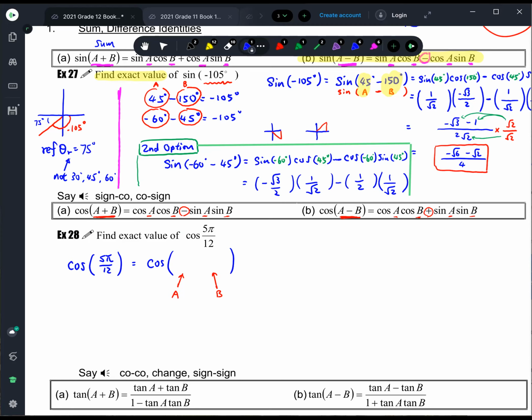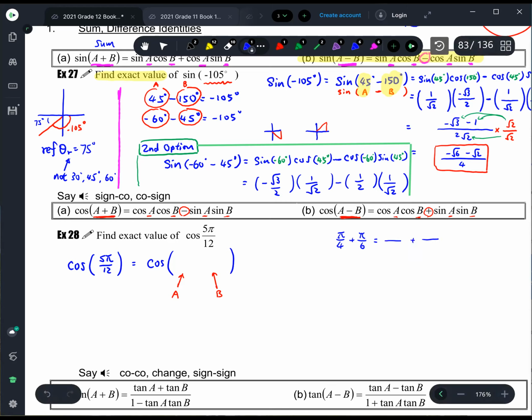Okay, Susan, which two fractions did you use? Pi over 4 plus pi over 6. Okay, let's check if it works. If you want to add fractions, you need to get a common denominator. So Evan, Waylon, what's the common denominator here? 12.